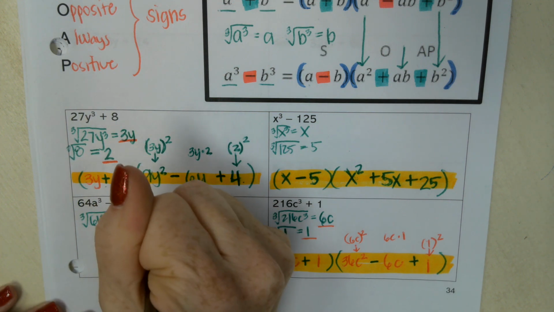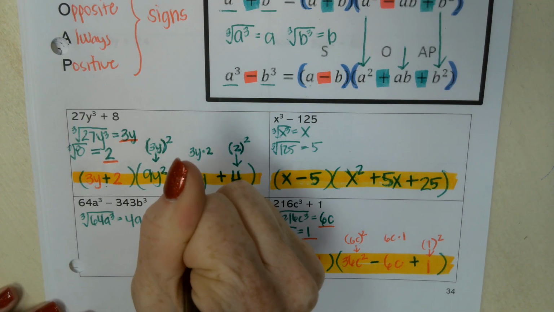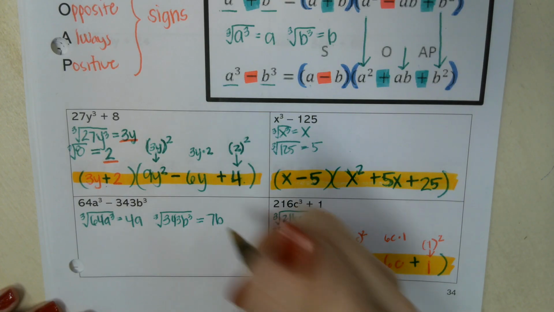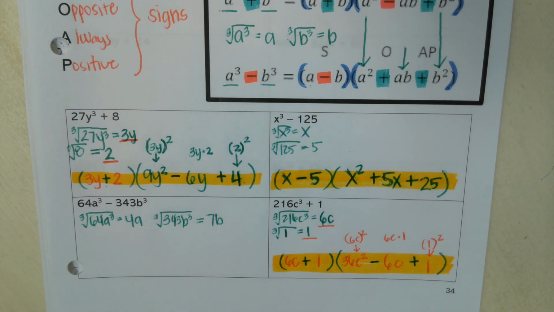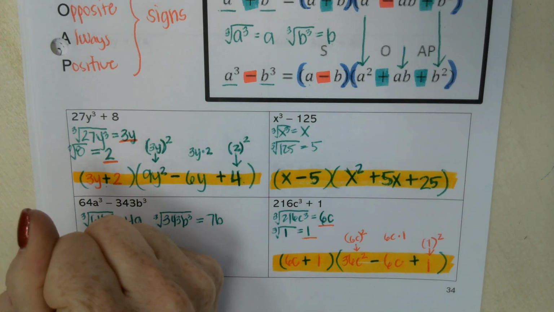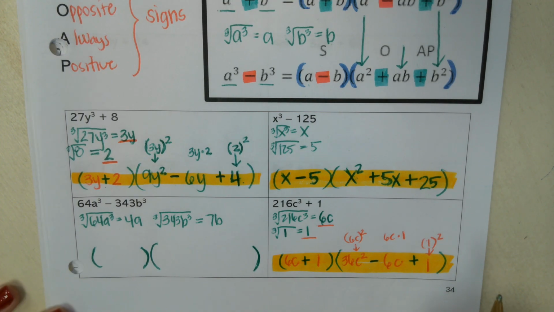And then I'm going to take the cube root of 343b cubed. And what does that give me? 7b. So I've got a variable in the front and a variable in the back. That's fine. I'm going to get my short set and my long set of parentheses set up.